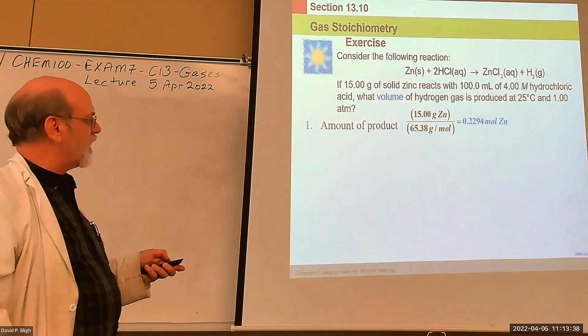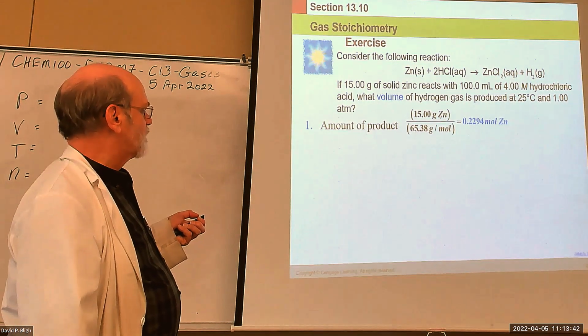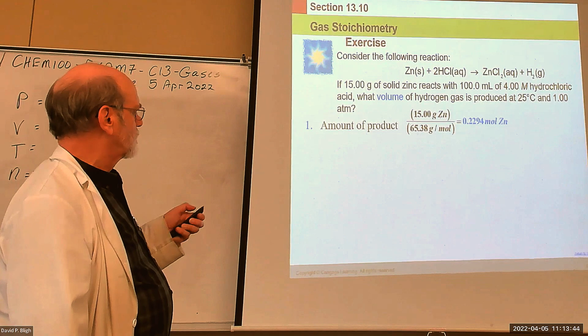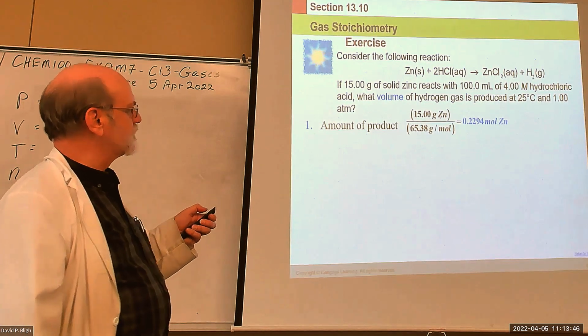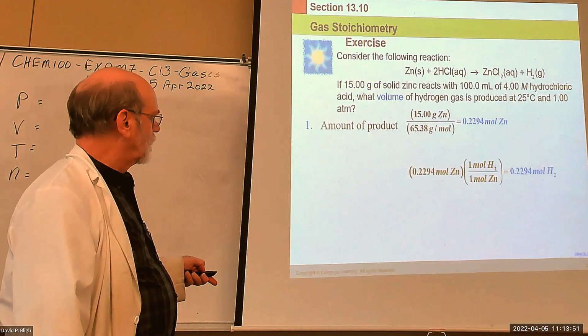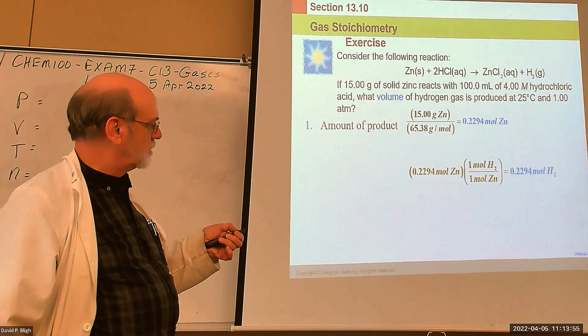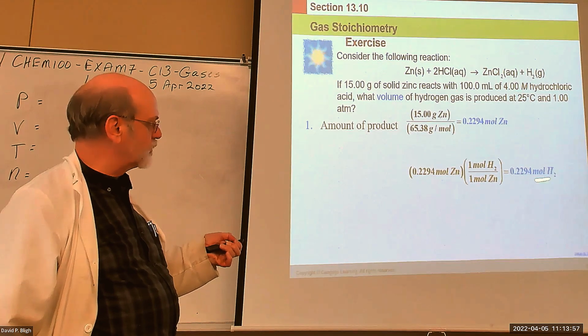The amount of product, right, we say, I'm thinking that's how many moles of zinc we have available. And if we take that number of moles of zinc and say, this is how many moles of hydrogen can be produced from that zinc.